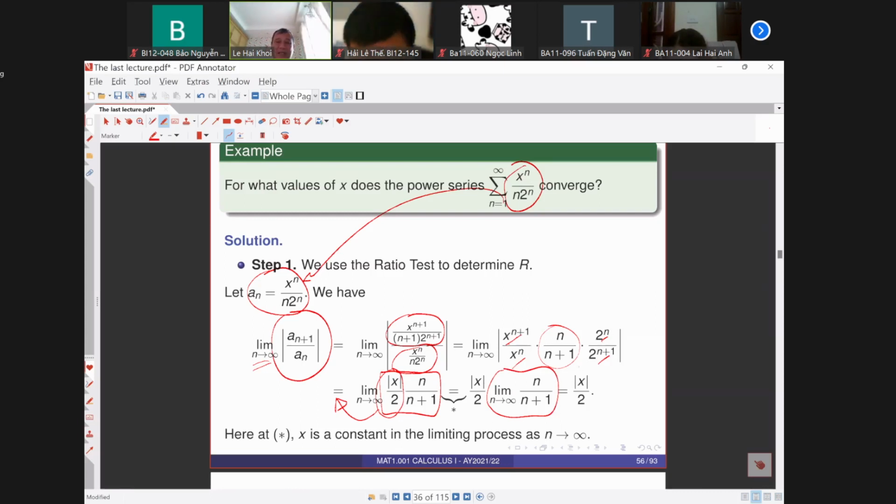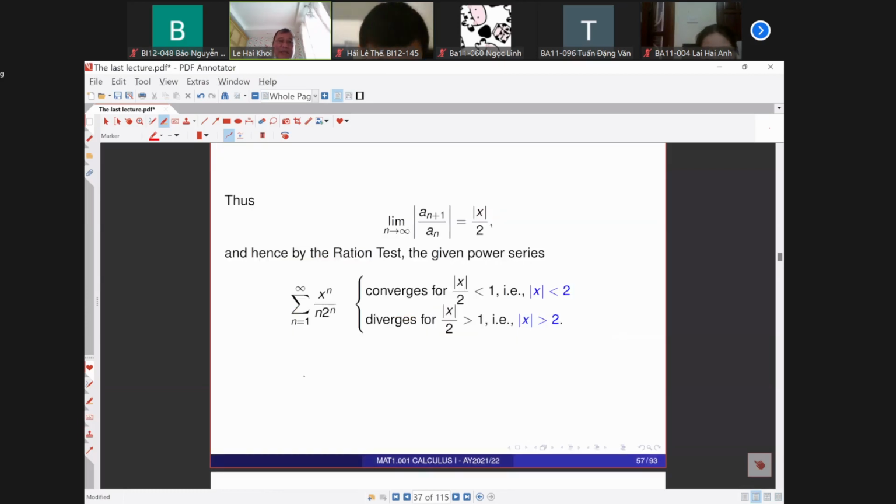So the resulting limit of |a_{n+1}/a_n| is the modulus of x over 2. And now we apply the conclusion.